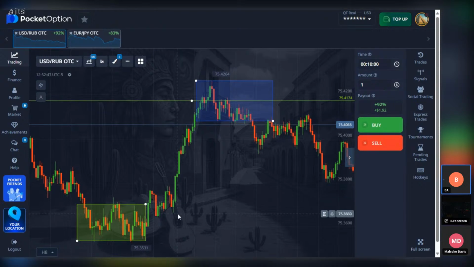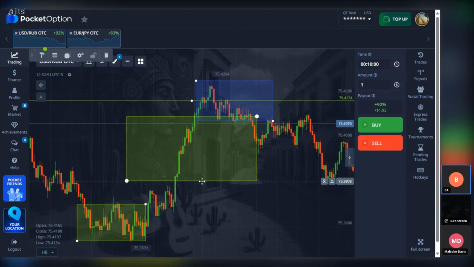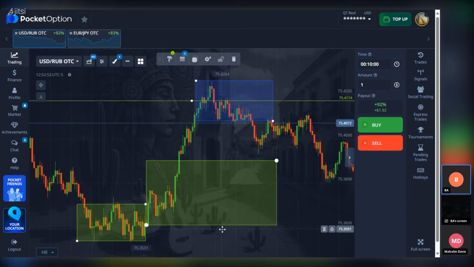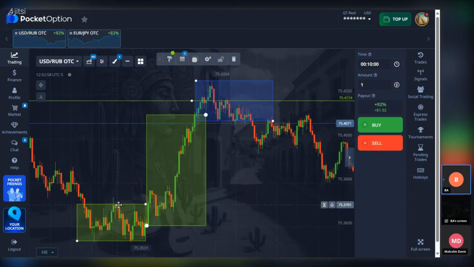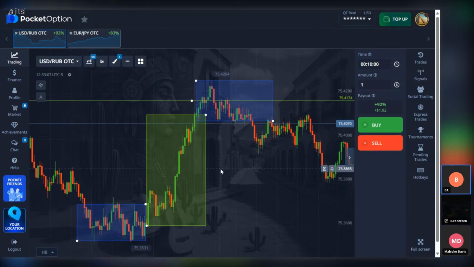When accumulation is done, the algorithm is saying we're ready to move price now. Big money's saying they're ready to move price now. They're ready to go up.